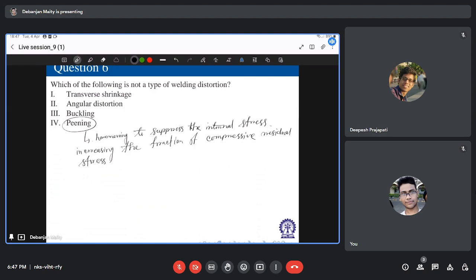Now, the degree or extent of distortion can be affected by several factors. What are those? Those can be your geometry of configuration.